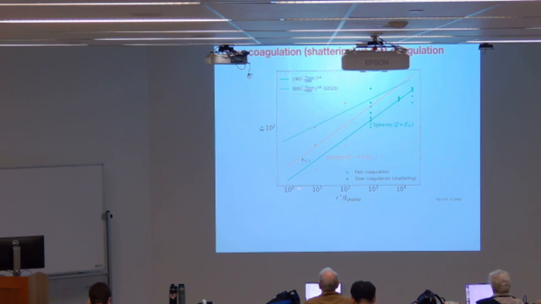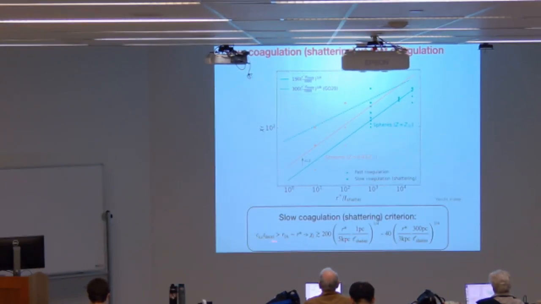So if your initial size is large, you have a higher critical overdensity, and the sphere shows the sphere, the stream shows the stream. Basically, we have a model to explain this line, and the critical overdensity at high metallicity is 200 and at low metallicity is 40. So it's easier for low metallicity clumps, spheres or streams, to shatter.